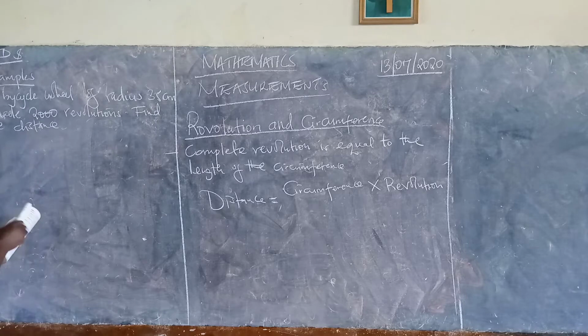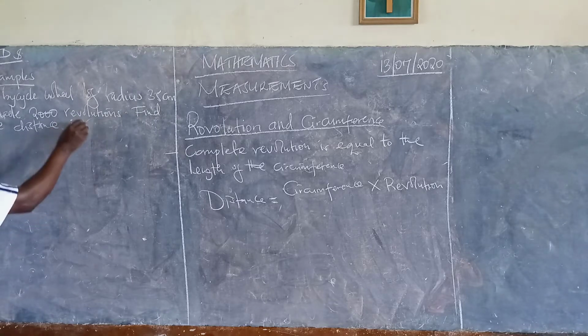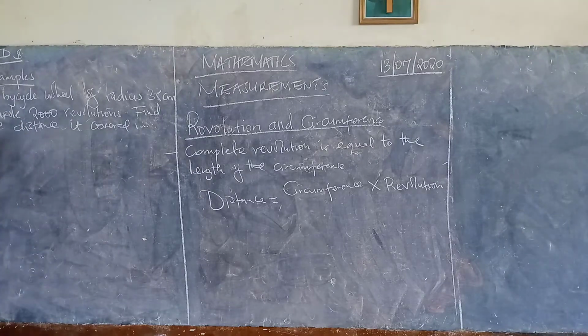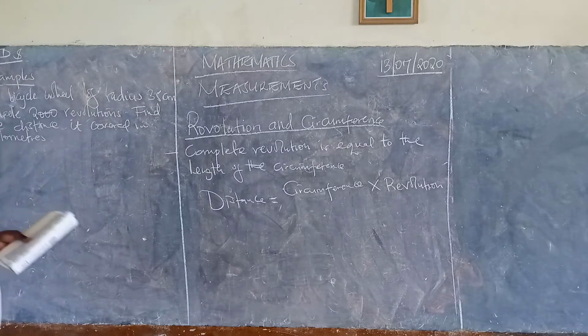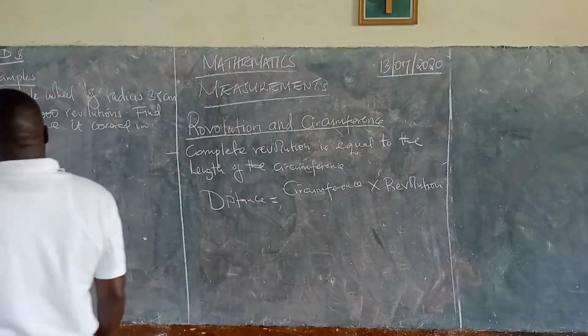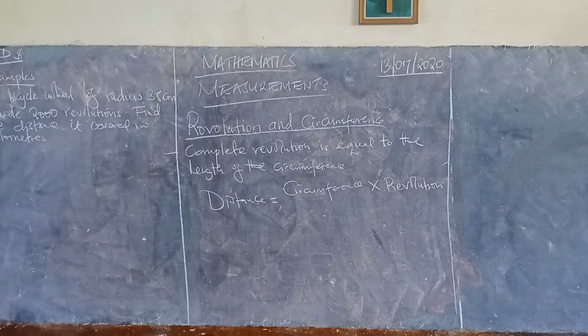Find the distance it covered in kilometers. So we have this wheel of radius 35 centimeters. It makes 2000 revolutions. So we want to find the distance it makes when it rotates 2000 revolutions.